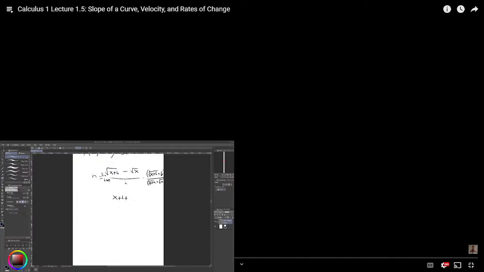What would this be? Doesn't matter, it cancels out actually. It's left with an h.